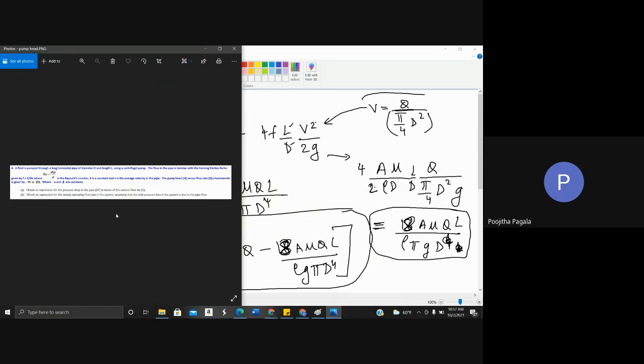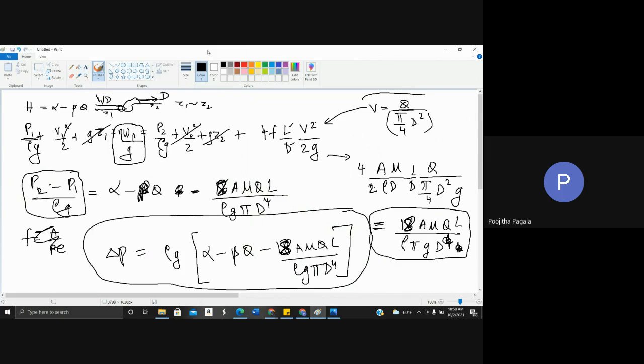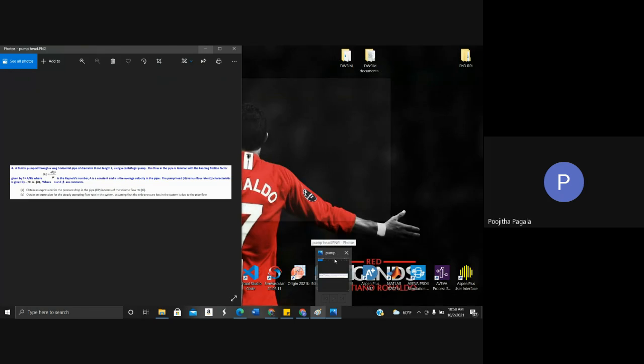Let's look at the second part. Obtain an expression for steady operating flow rate, assuming the only pressure loss in the system is due to the pipe flow. So they are asking us to obtain an expression for flow rate.